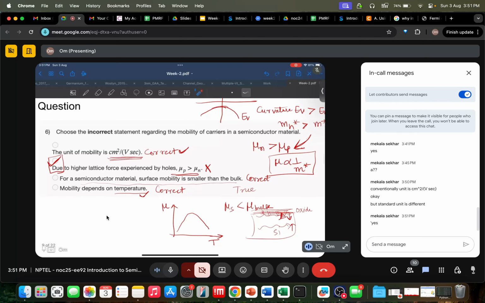In standard terms, you would just change this to meter square, right? But overall, this is some distance square, this is the volt and this is second. This will not change. It can be centimeter or meter, it does not matter. But overall, this is the unit which describes mobility. This is not an incorrect unit.